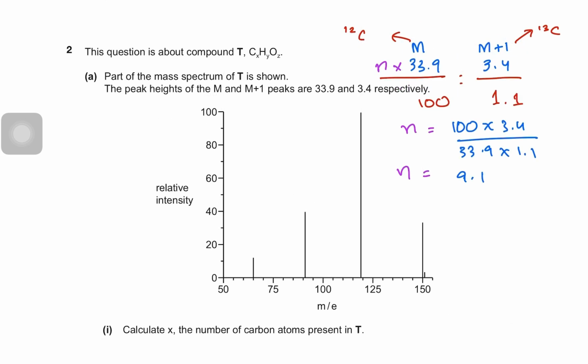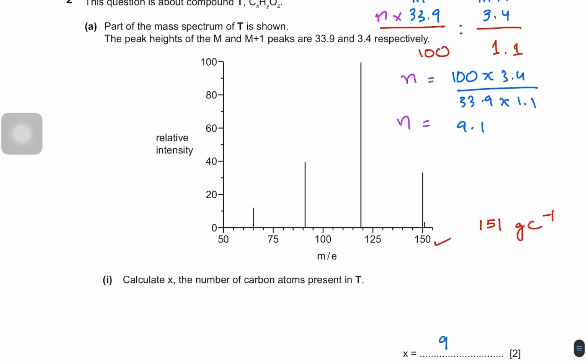Now the question is also about the molecular formula. You can see the molecular mass of the compound is 150, or you can say 151 grams per coulomb. So ask yourself, 9 carbons are already there. What's the mass because of them? 9 carbons times 12 gives you 108 units of mass.